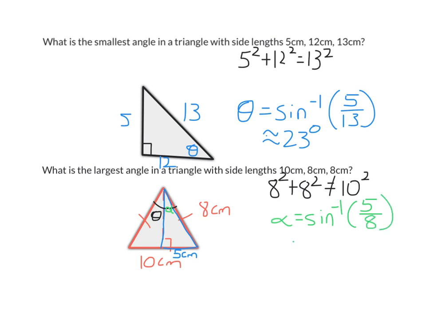So alpha is about 38.68 degrees. So that's half the angle. So the full angle there will just be double it. So it'll be about 77.36. To the nearest degree, it will be about 77 degrees. That's the largest angle of this triangle.